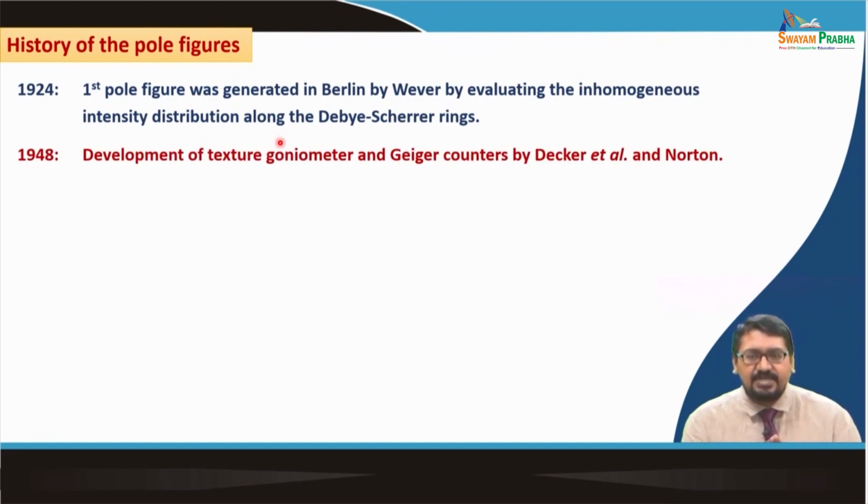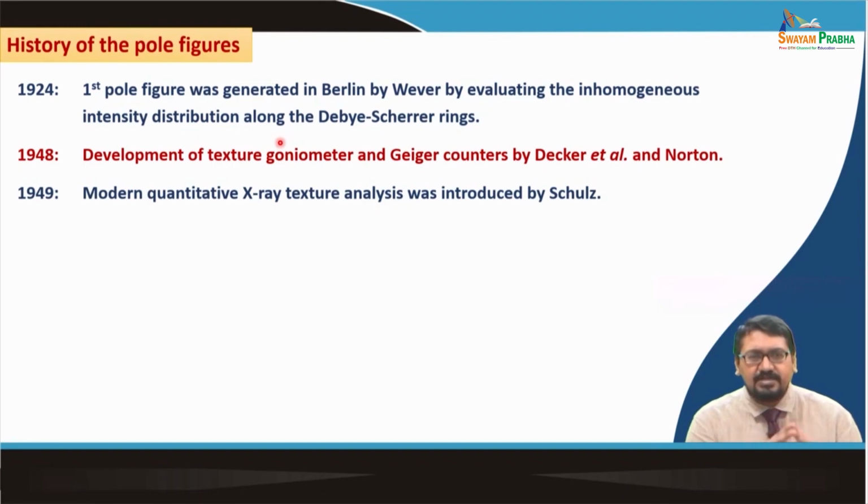In 1948, Decker and Norton, separately, developed the texture goniometer and the Geiger counters. Geiger counters are like phosphor screens in which the intensity of the diffracted texture beams is measured. In 1949, the modern texture analysis method by Schulz was introduced, and we discussed in great detail the Schulz reflection method for pole figure measurements using X-rays.